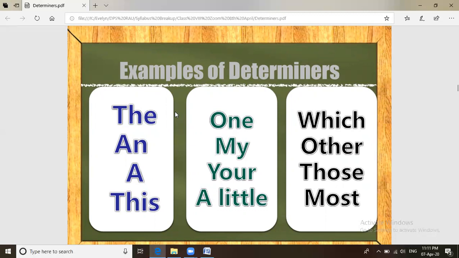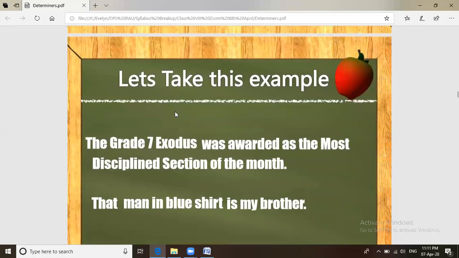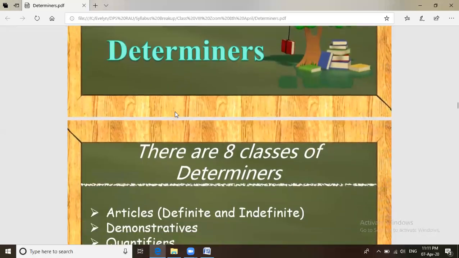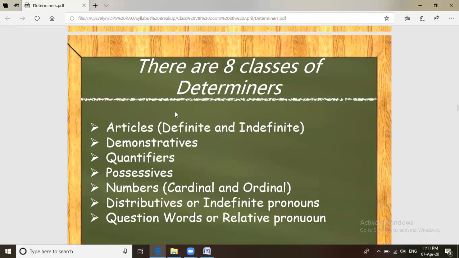But if you just look at them like that, without classifying them, it's going to be very confusing and difficult to remember, and also difficult to identify. So we have divided the determiners into various classes.